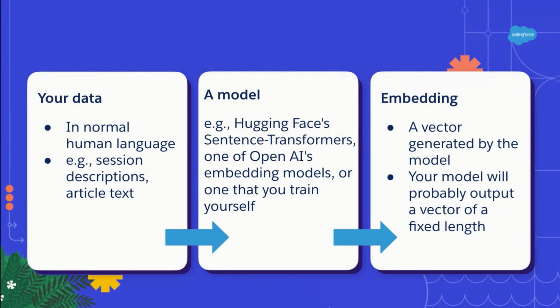And that model is going to give you back an embedding. That embedding is a vector generated by the model. It'll probably output a vector of some fixed length, whether that's 100 or 384. And this is the value that you're going to actually be saving into your database and using with pgvector.